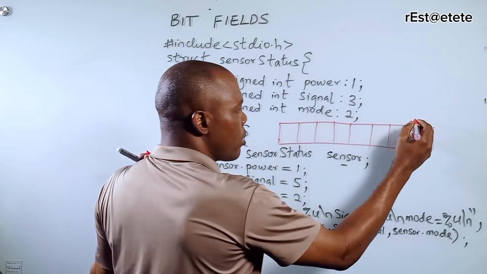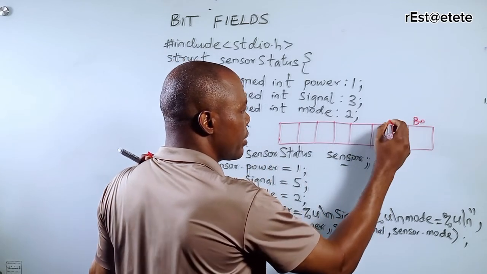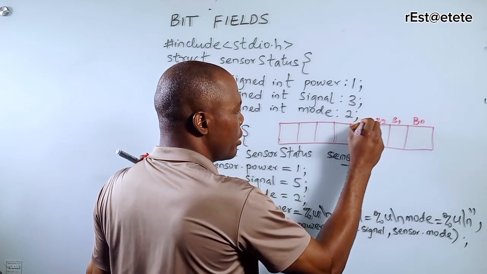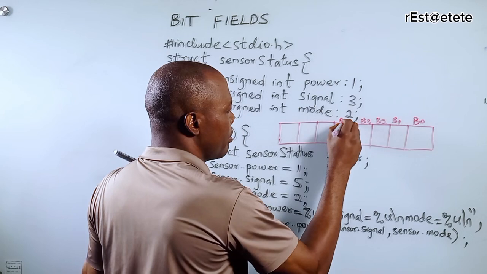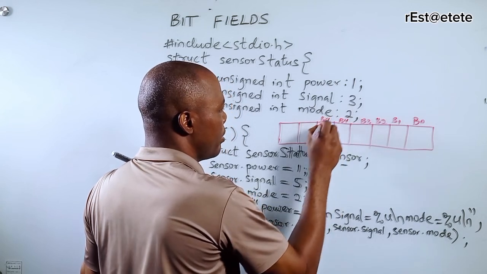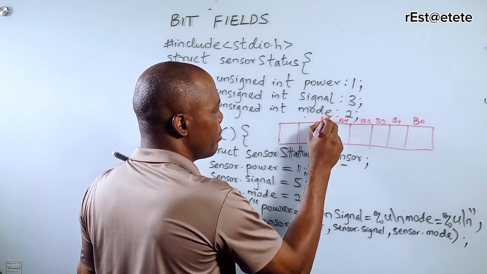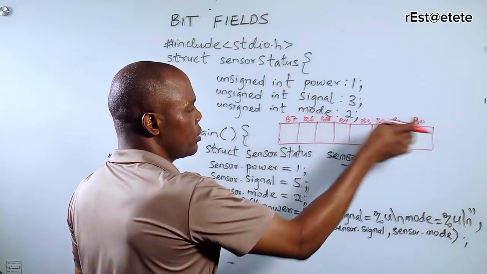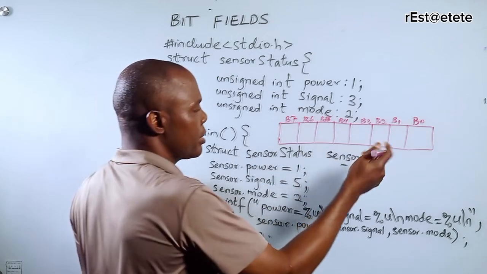All right. So I'll call this bit 0, bit 1, bit 2, bit 3, bit 4, bit 5, bit 6, bit 7. So 0 to 7, that is 8 bits.